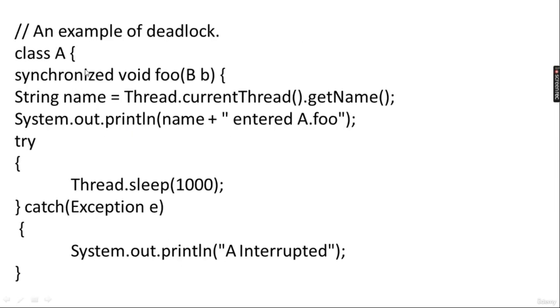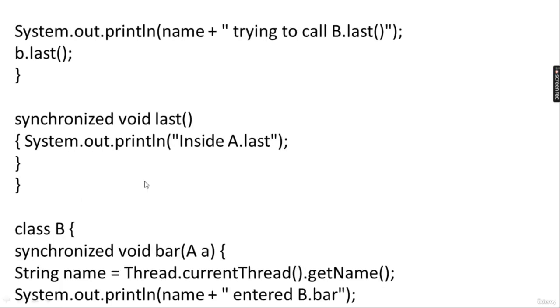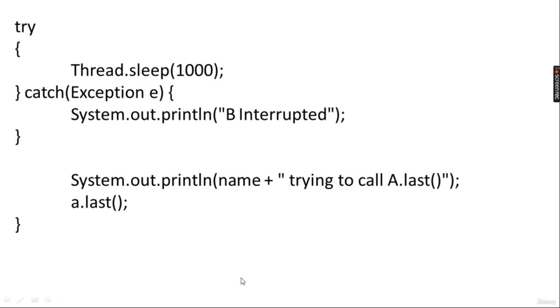In class A, we are passing B's object to the foo method, and here we are passing the A object to the bar method. Here also we get the current thread name, that is the main thread name, and the name is entering B.bar.